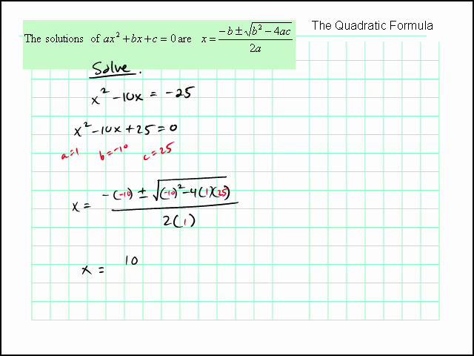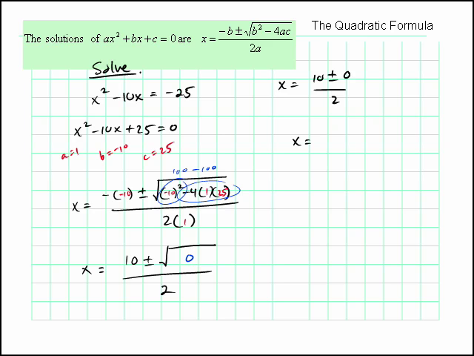Positive 10 plus or minus the square root of, let's see, under the square root sign here, we got 100, and then this is minus 100. So 100 minus 100 is 0. We have a 0 under the square root sign here. Now the square root of 0 is just 0, so we have 10 plus or minus 0 over 2.